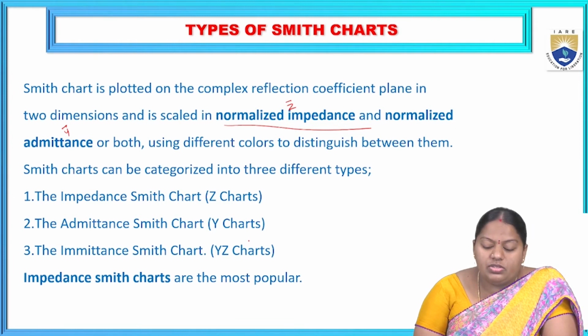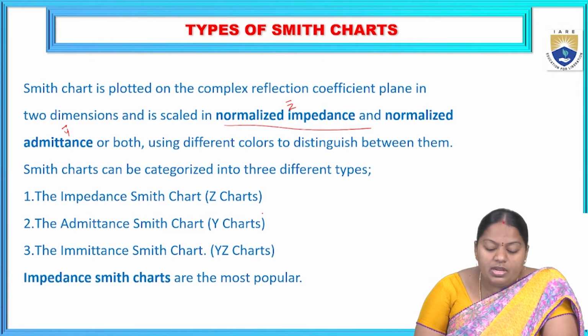For resistance circles, we use one color. For reactance circles, we use another, such that different colors are used to identify whether it is an impedance chart, an admittance chart, or both.